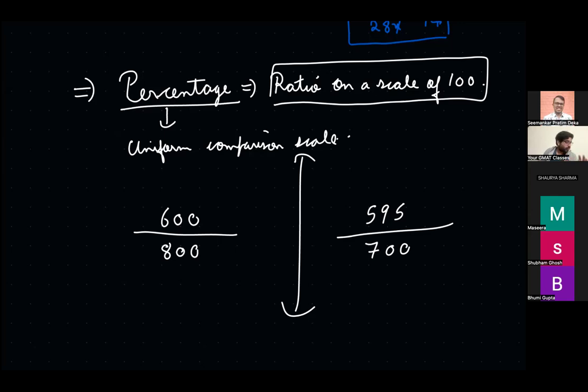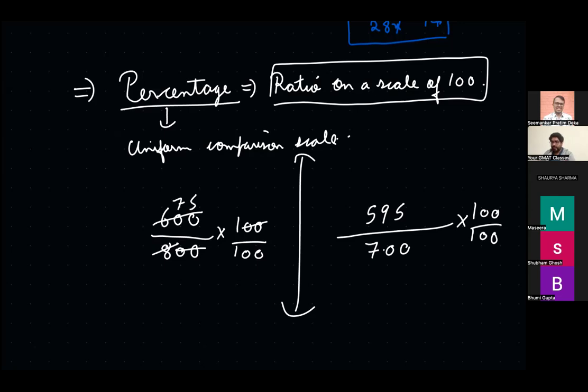So, in order to make comparison easier, what I will do is apply the concept that a ratio can be multiplied by any number, and multiply this by 100 and this also by 100. 0, 0 cancel. 600 by 8 would be 75. 0, 0 cancel. 595 by 7 would be 85.